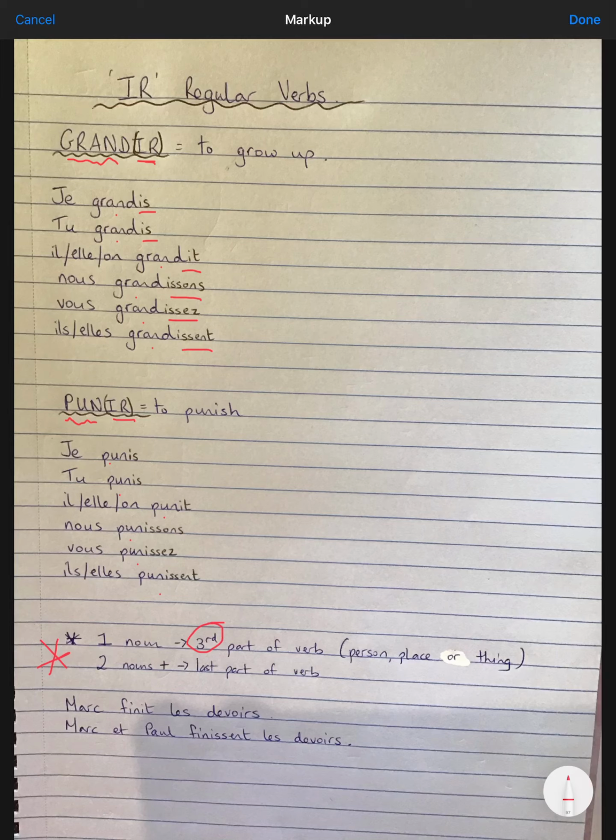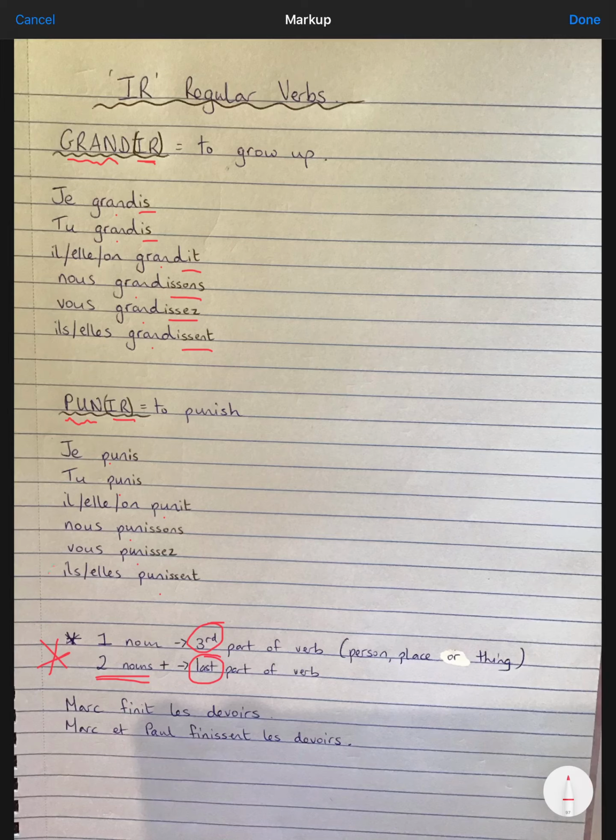You might see it's someone's name, or it's a place, or it's the school, or any singular noun. So if that's the case, you would take the third part of the verb, and in this case, you'd add the it onto the stem. If it is two or more, if it's plural, two people's names, or the schools, you would use the last part of the verb. Okay, so again, that last part at the end.